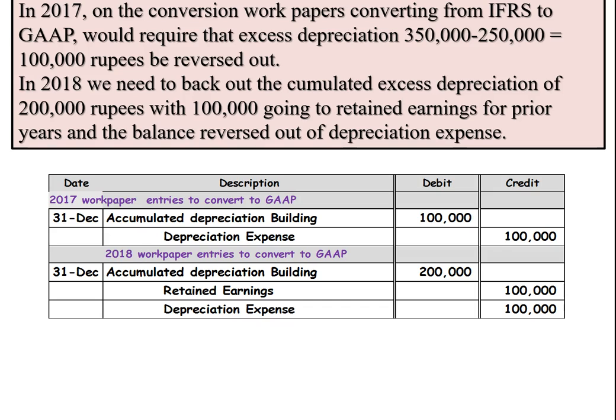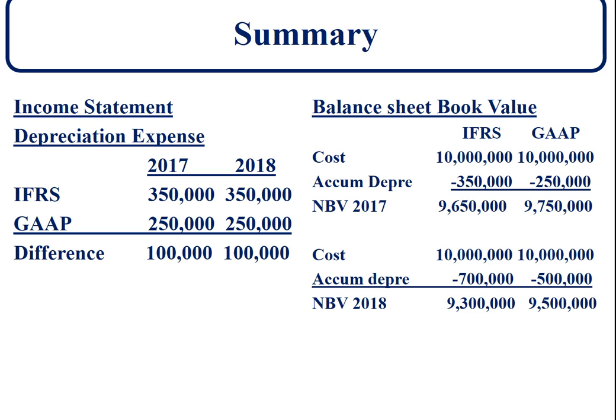Now, in summary, what does that look like? On the income statement, we have a difference each year between the international standard and GAAP of 100,000, which means that for GAAP, we'd have to reduce our depreciation expense by 100,000 each year.